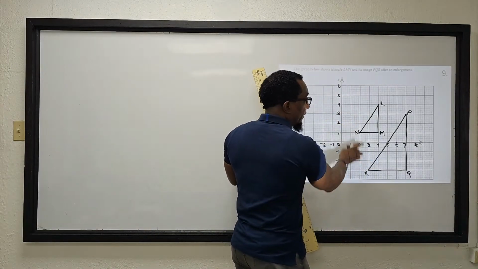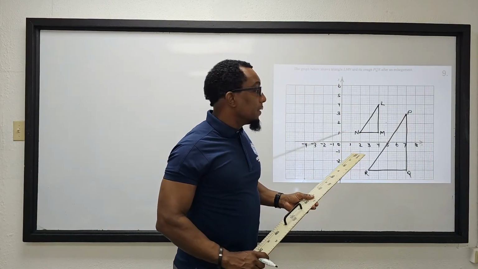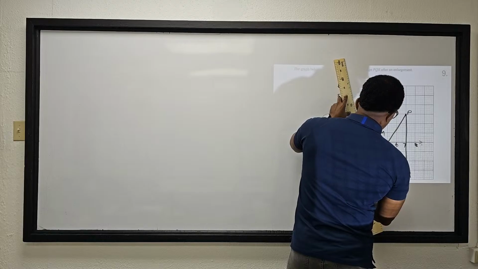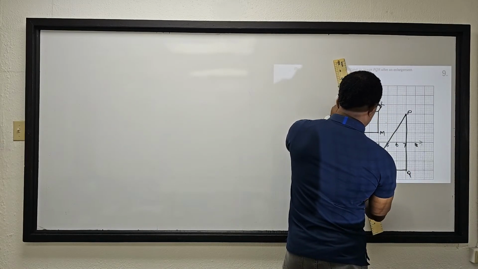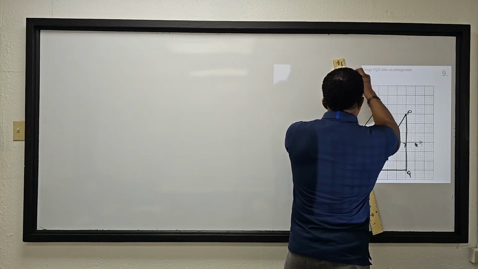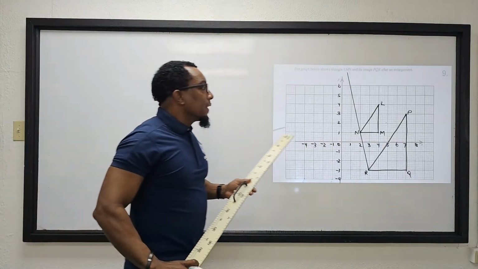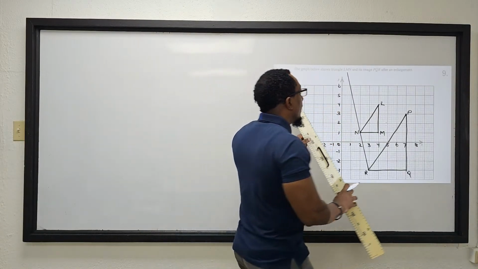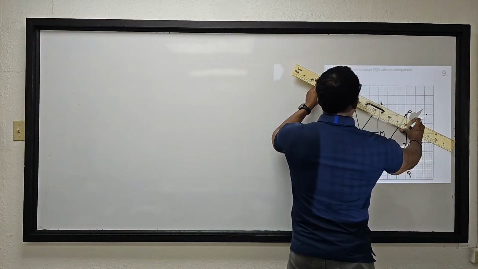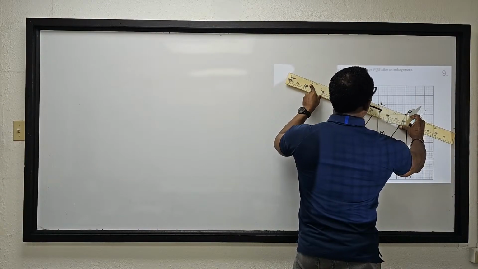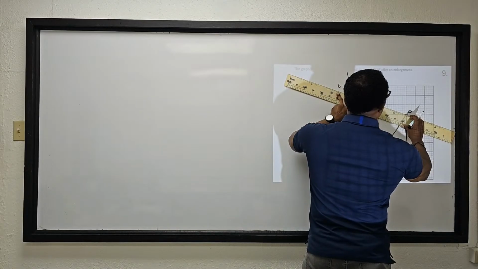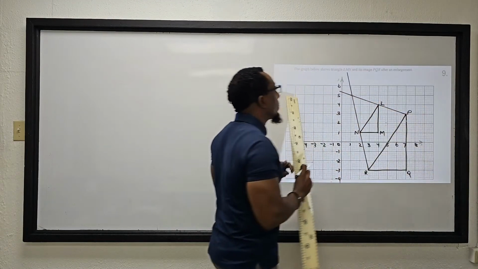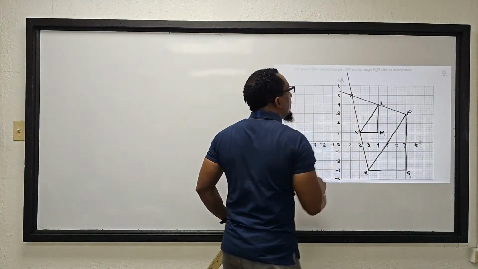So if you want to go with R and N, R is the image of N, so we draw a line from R straight through N. And I can take L and P: P is the image of L, so I draw a line from P straight through L. We're going to see where both lines will meet at a common point.